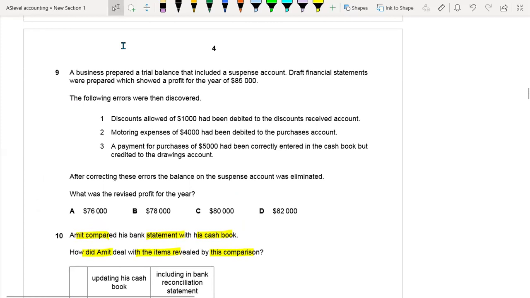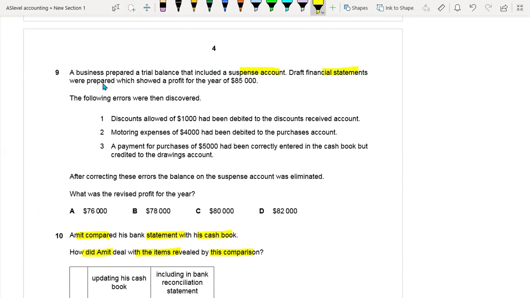So we have the next question, question number 9. If you see, the business prepared a trial balance that included a suspense account.